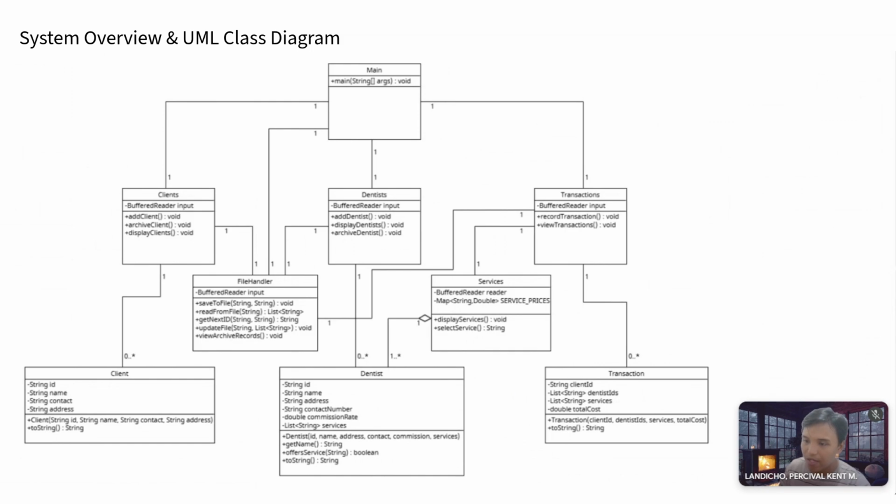The management lib package contains the management classes, such as clients, dentists, transactions, and services. The main class in the run package serves as the entry point of the entire system.